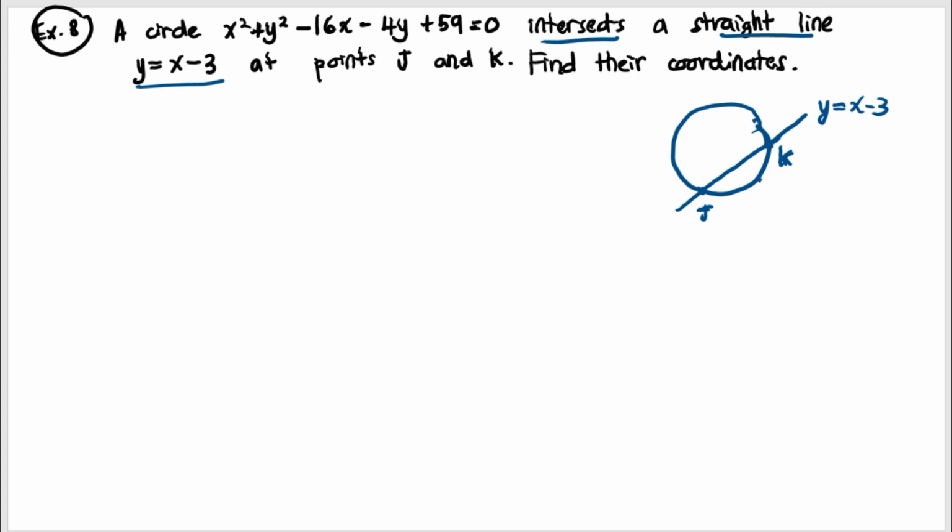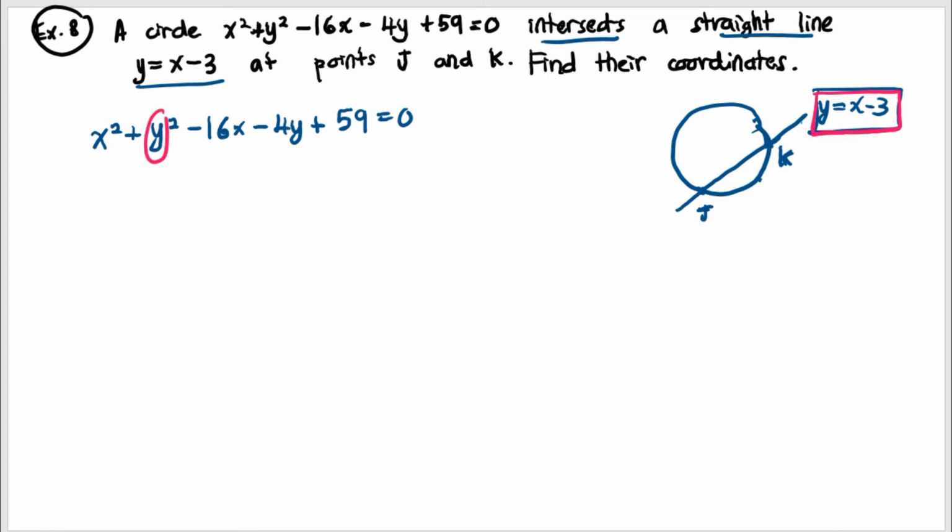Because this circle intersects with this line, we can substitute the equation of the line into the equation of the circle. The equation of the circle is x² + y² − 16x − 4y + 59 = 0. Now you just need to substitute y with x − 3, so this part will be substituted with x − 3.